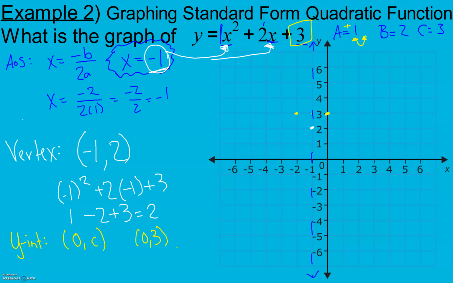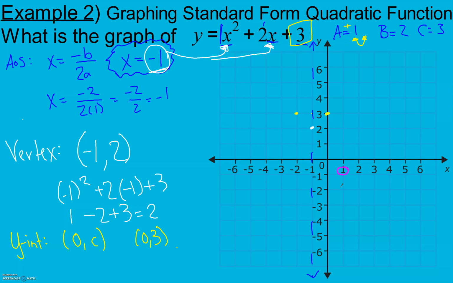To find my last 2 points, I'm going to do a little bit kind of like a table of values. Here I'm going to find a 4th point by picking another x value. Doesn't matter what we pick, but we want to pick something close to the points that we already have. So I have points at -2, -1, and 0. So I'm going to use 1. I don't know the value of 1, but it's close to them, so it'll probably fit on my graph.